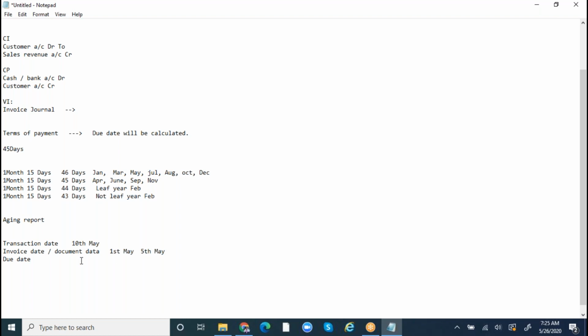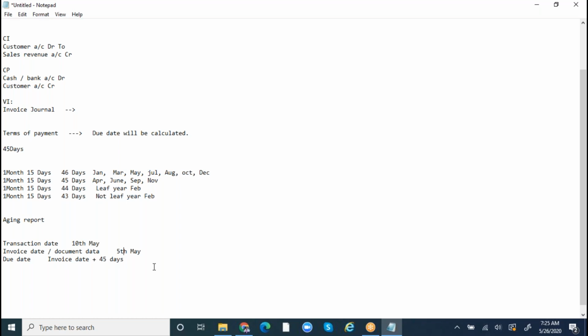Okay, so now for the due date, on which date do you want it, 1st May or 5th May? 5th May. Then I'm least bothered about this one. I will enter the document date or invoice date as 5th May, then due date equals invoice date plus 45 days.